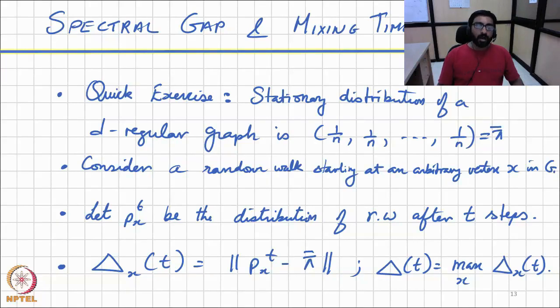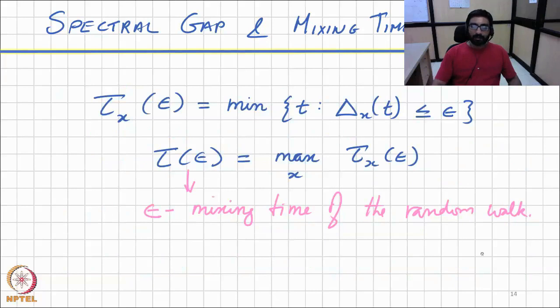And we define delta_x(t) to be the norm of the difference between p_x(t) and the stationary distribution pi bar. This norm typically will be the L2 norm, but other norms have also been used in this context. But let's stick with L2 norm. Now, delta(t) is simply the max over all starting vertices x of delta_x(t).